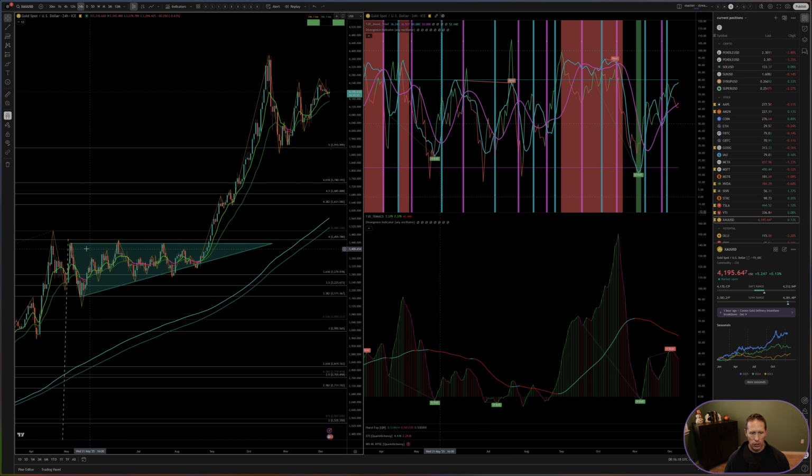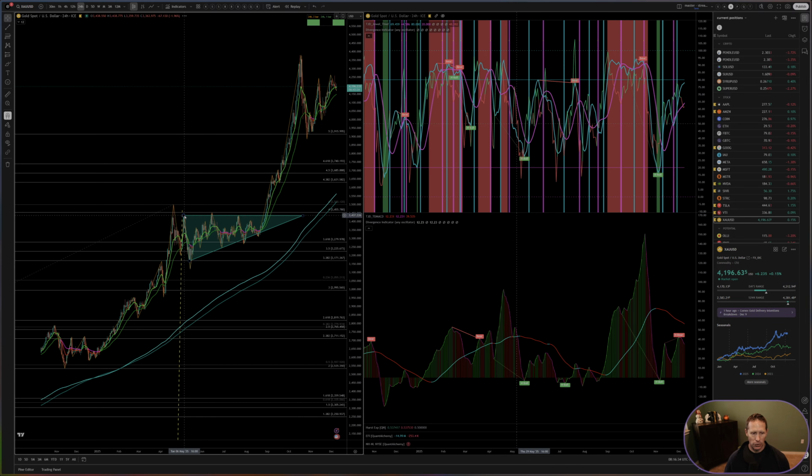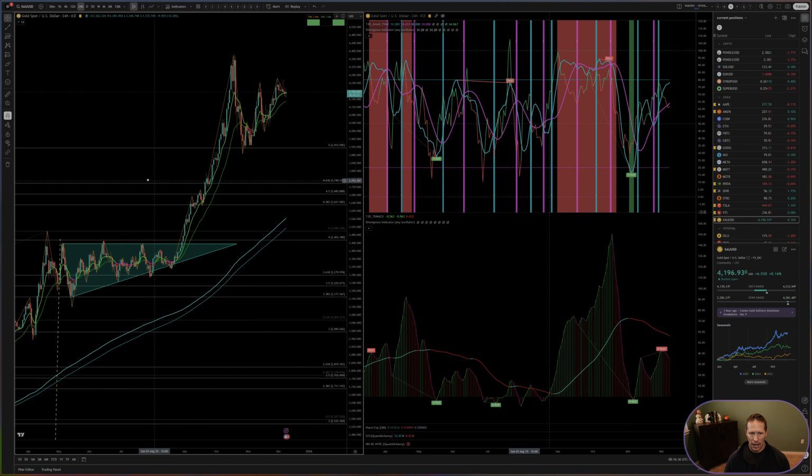When you get a break of that ascending triangle, oftentimes you see strong continuation. The way you can play this is if you get that break, take an entry, and if it drops back in, you just exit that position, right? We can see that worked out in gold.